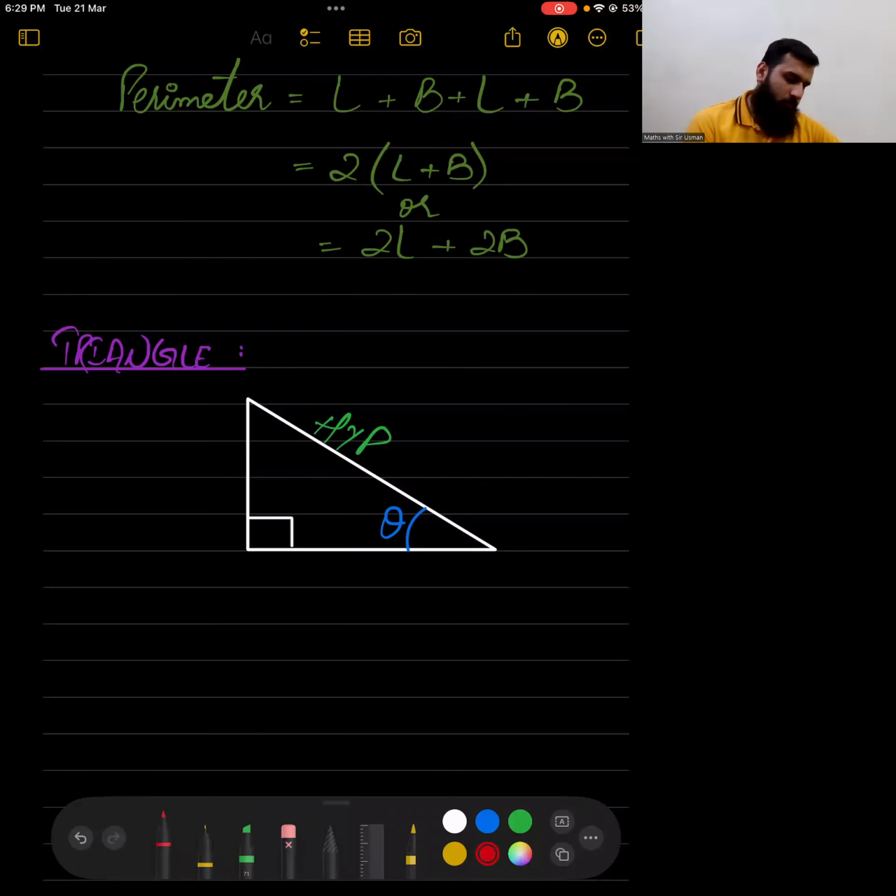Then what about this one? It's the adjacent or the base. And the last one is right over here on the left side, and that is termed as the perpendicular or opposite.